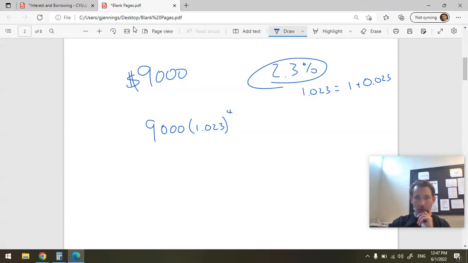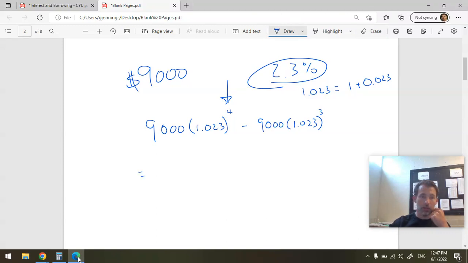The 4 is because this is how much money will be in total owed after 4 years. And then I want to know, what's the difference between that and what it was after 3 years? So I'm going to subtract the 3-year value, which is 9,000 times 1.023 to the power 3. And that is going to give me my answer.